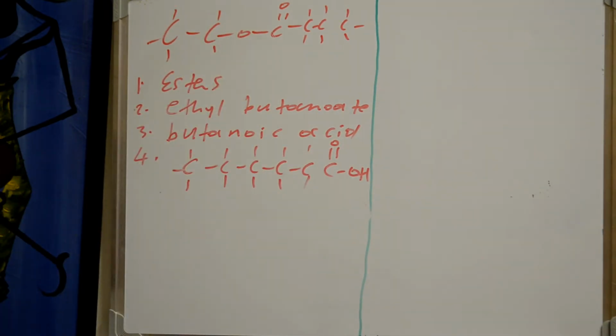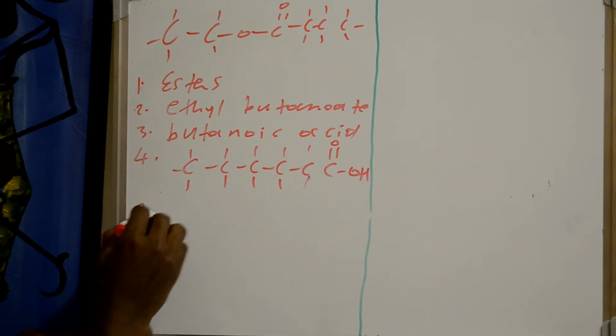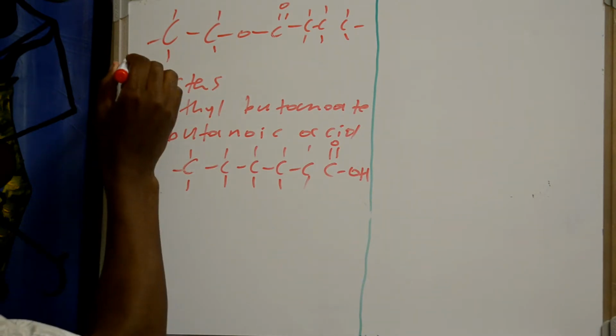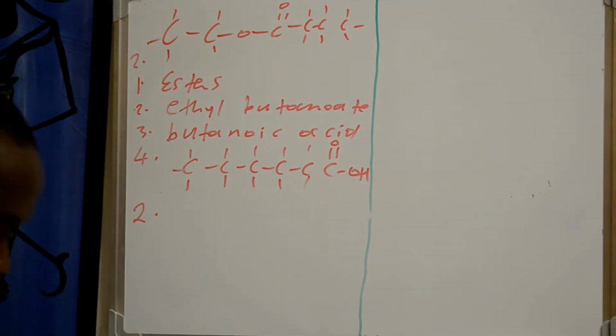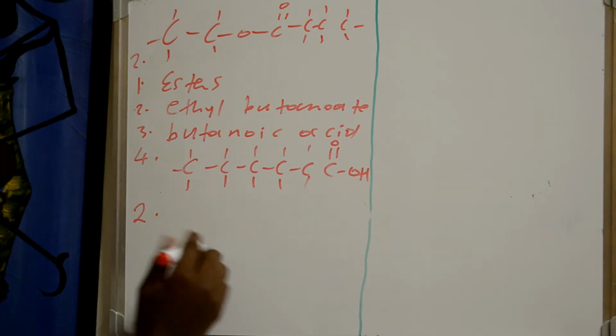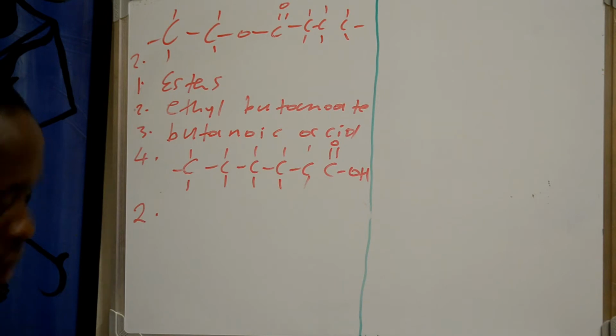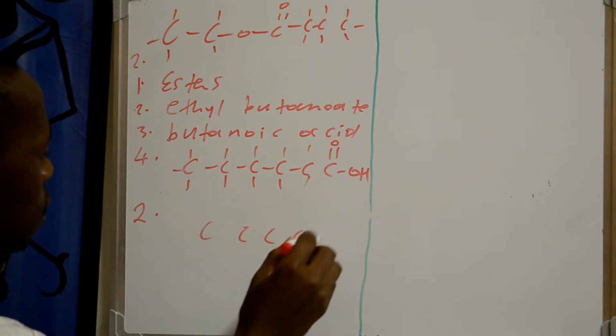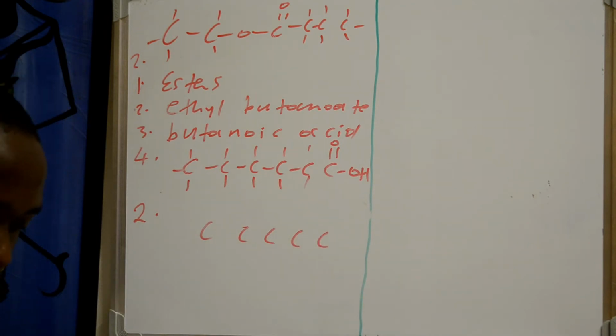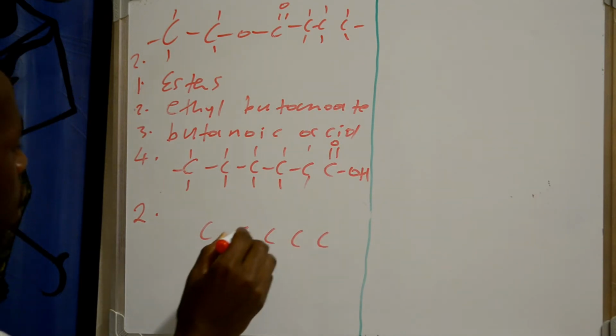Now let's move to 2.2. This was 2.1. So 2.2: write the structural formula of 4-methylpentan-2-one. So we know here we've got a ketone and 5 carbon atoms. Where is the double bond? It's on the second carbon, which is here.